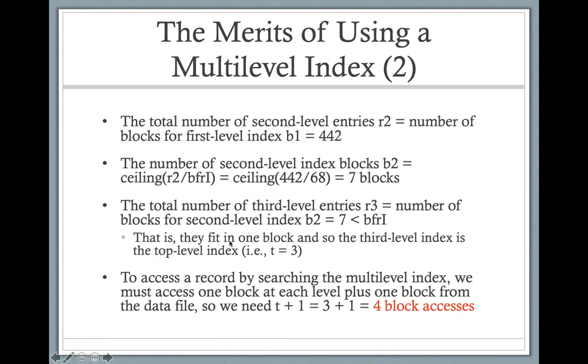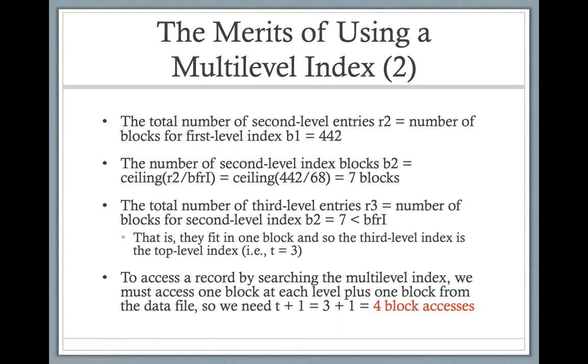Why? I would read the top level block. The top level index is just 1 block, so I would read it, and out of it we pick the block to read from the next level, and then a block to read from the next level, and then 1 block from the table itself.